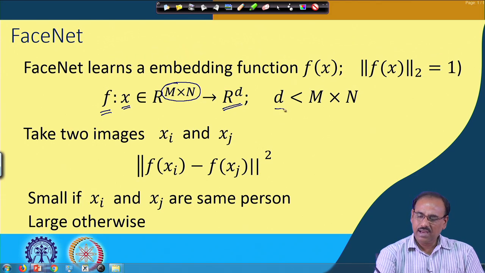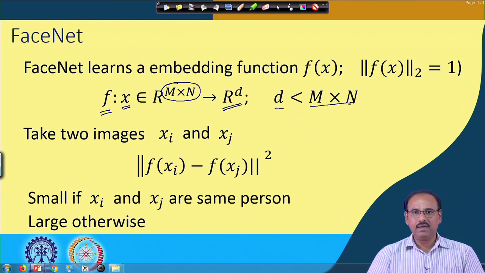And if d is less than m by n, then what we are gaining is that an image of size m by n is being represented, or embedded, into a d-dimensional space. So you remember that in our earlier discussions in this course, we have talked about feature vectors.